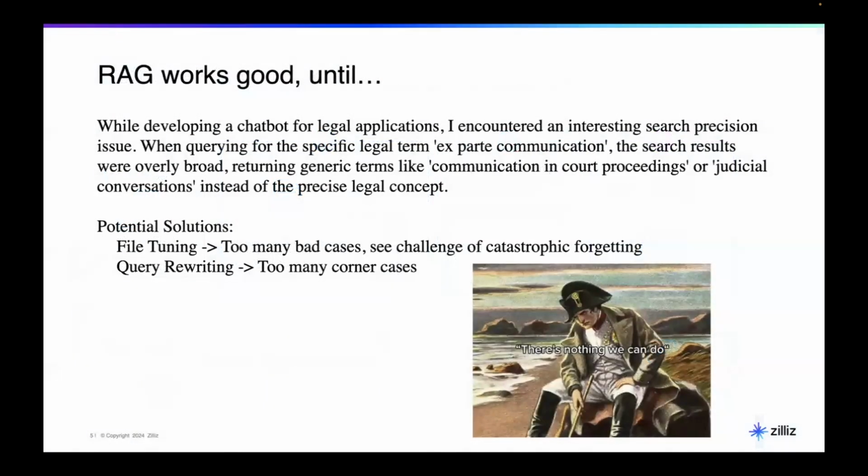Until one day, when I was trying to build a RAG application by myself, I worked with my friends. What we wanted to build was a legal application. We have some very special legal terms in the document, right?